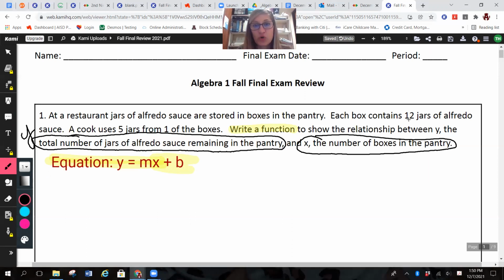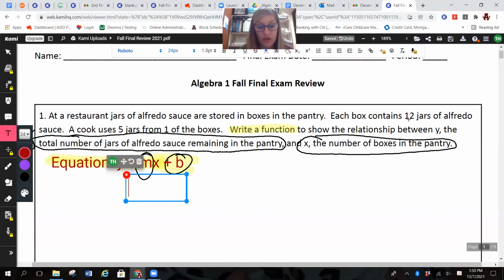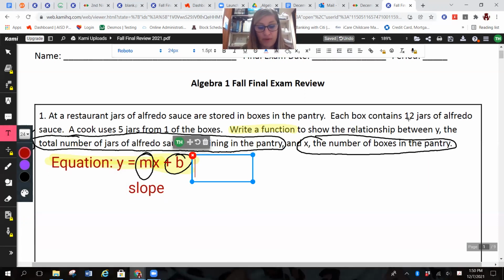So this question is asking you to find the number in the word problem. That's the slope, which is m. What's the rate? And the b, what's the y-intercept? Remember, m is the slope, b is the y-intercept.